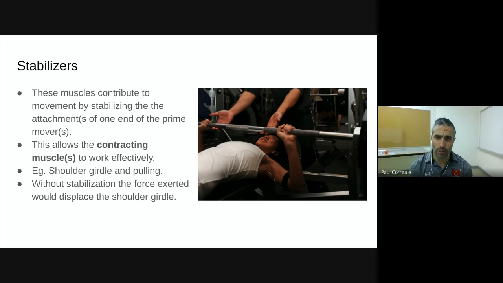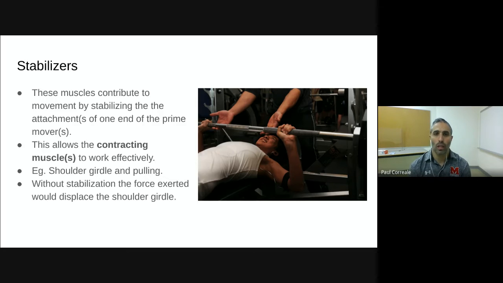We talked about stabilizers before, okay? When we look at the activity being performed here by this young person, it's your classical horizontal press, or bench press. These are muscles located at the end of the prime mover, and they stabilize the attachment.